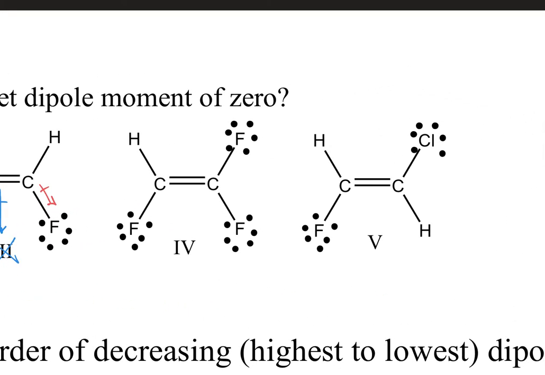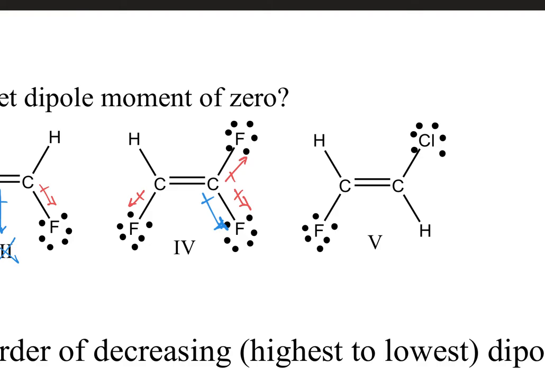And then for 4, you have up and to the right, down and to the right, and then down and to the left. These two cancel out, leaving you with the other one. And so the net dipole moment is in this direction.